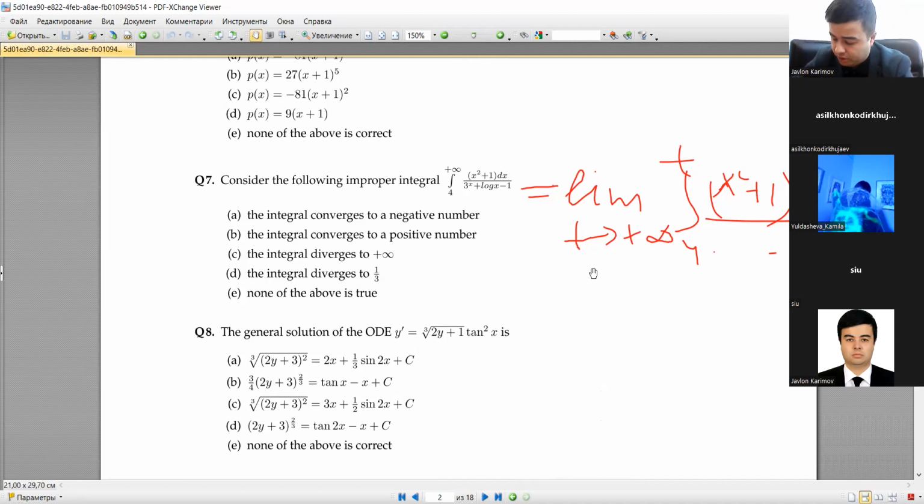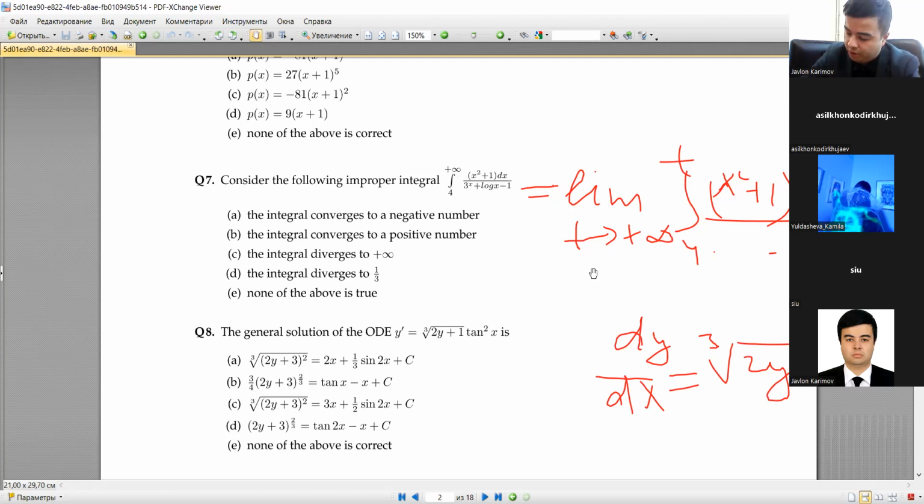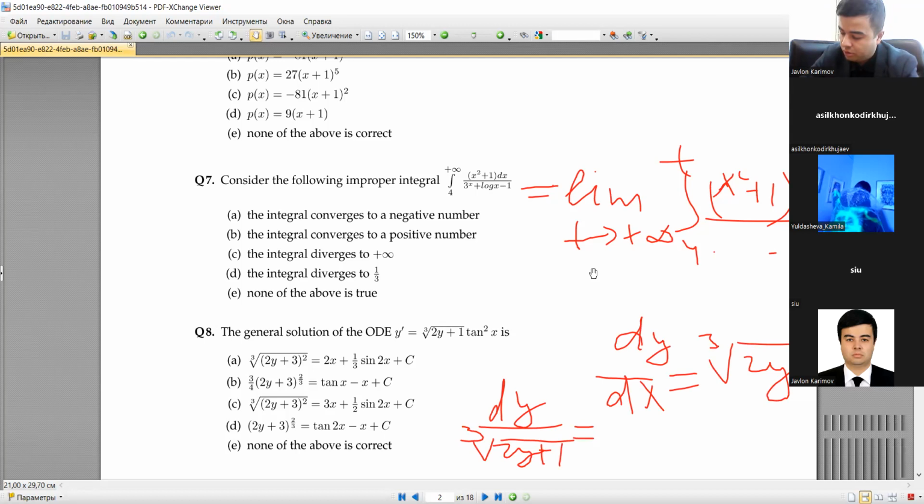Since it is separable variables, we can write dy over dx equals the cubic root of 2y plus 1 times tangent square x. Now we can write dy divided by the cubic root of 2y plus 1, which equals tangent square x times dx.